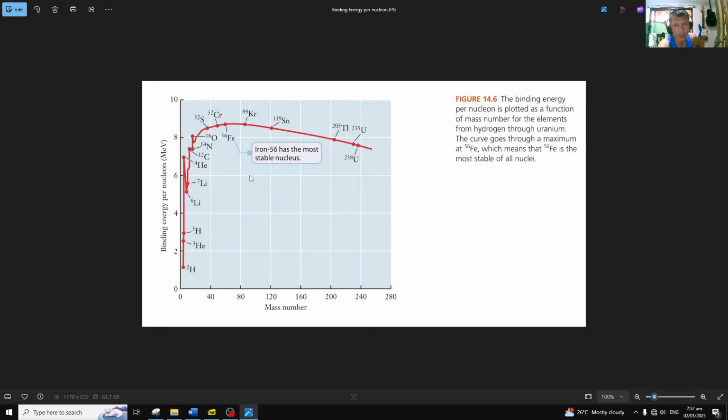It is the most stable. They graphed the binding energy with respect to mass number of the stable isotopes, and iron 56 is the most stable nucleus. Anyway, you can just read it from the book.